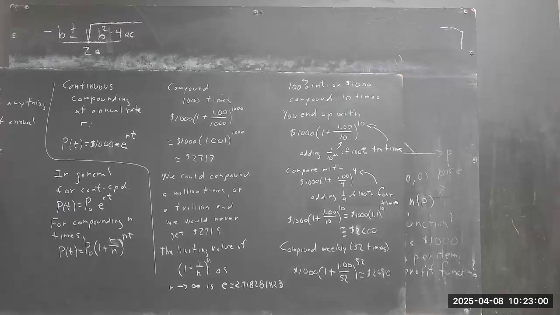Continuous growth of pretty much anything at a constant annual rate R is P of T equals P naught e to the RT.